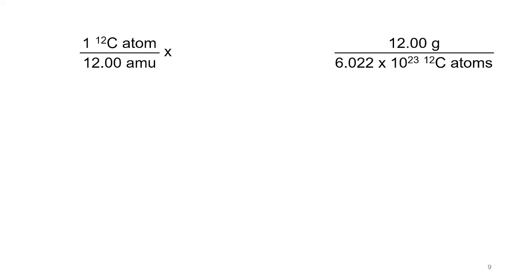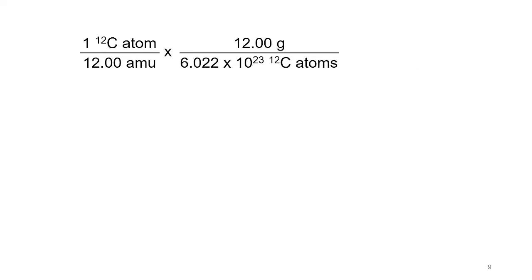Okay. So let's use that analogy of the Avogadro's number, the atomic mass unit, and the molar mass in computation. Just to see the dimensional analysis: if we have one carbon atom, we know that one carbon atom weighs 12 atomic mass units.